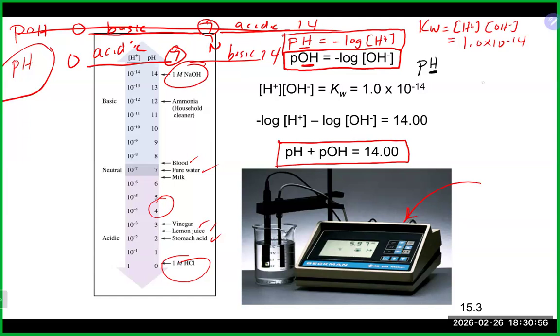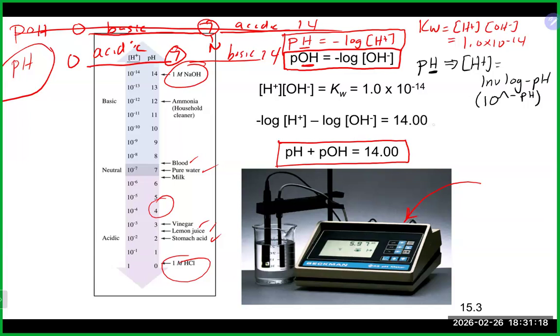So if you have the pH given to you, you can directly calculate the H plus concentration by taking the inverse log of the negative pH. On most people's calculators, when you do the inverse log, it usually pops up a 10 and a caret, and you go negative pH.